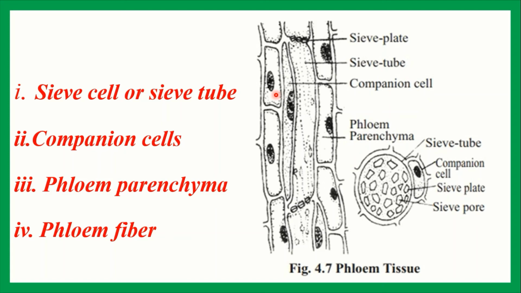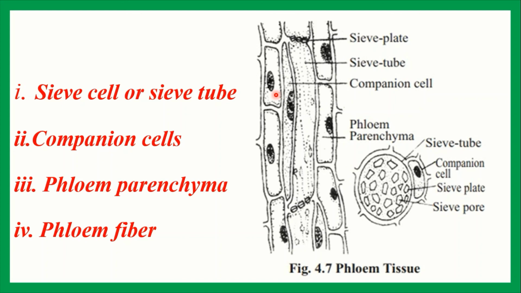Why? Because phloem fiber is composed of cellulose and lignin. The jute fibers are called bast fiber. The function of the phloem fiber is to give strength and rigidity to the phloem tissue.